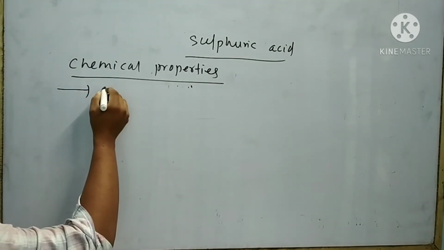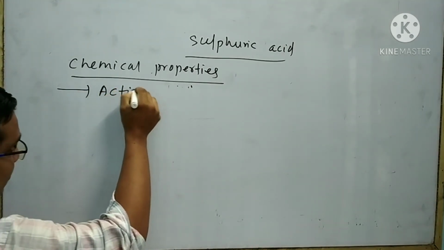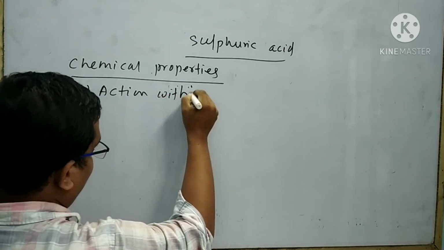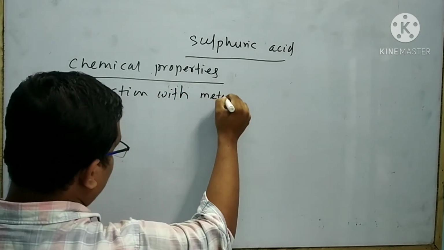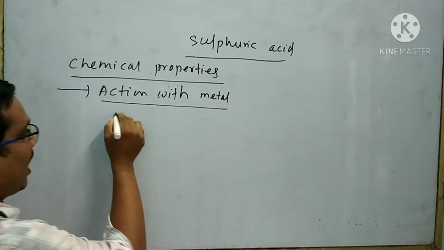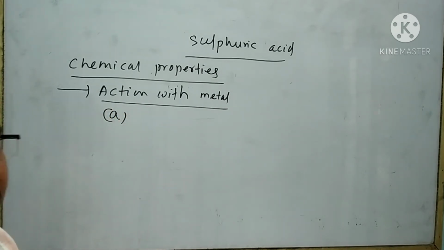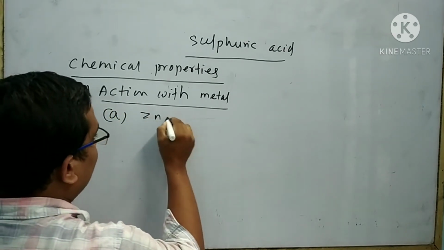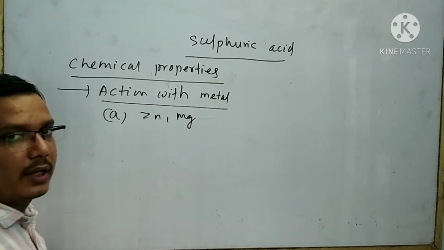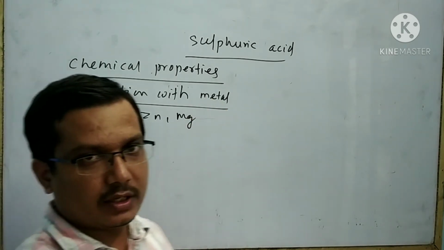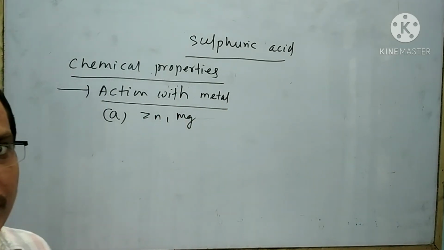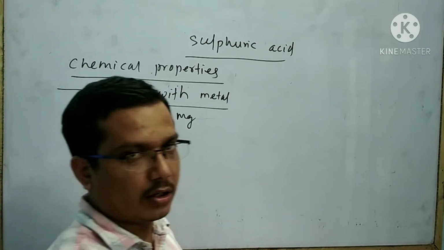Next chemical property, action with metals. Highly active metals like zinc and magnesium can displace the hydrogen from H2SO4 to form salt.